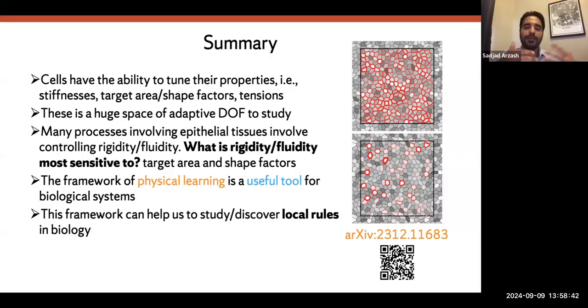Many of these processes involve this rigidity-fluidity transition, and we show that it can be tuned based on what degrees of freedom we allow to change. And in general, I think this framework, this idea of physical learning and looking at the system in terms of learning, writing down a cost function and looking for local rules, can be useful to explain or maybe even discover new local rules in these systems.